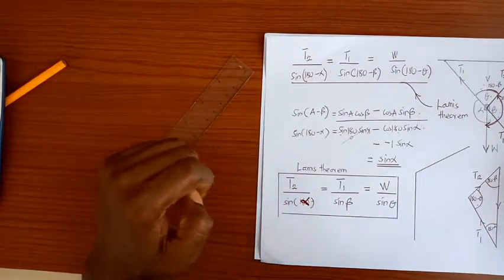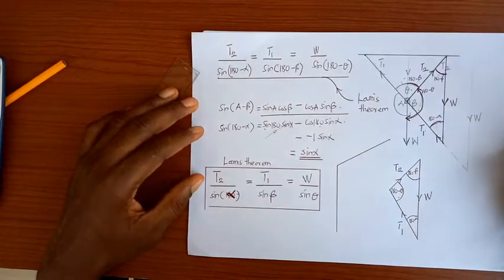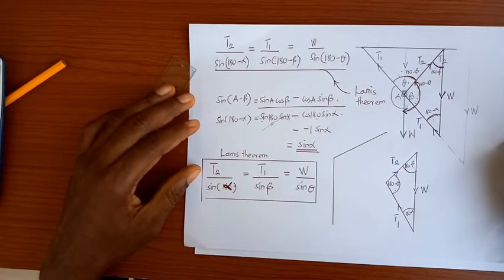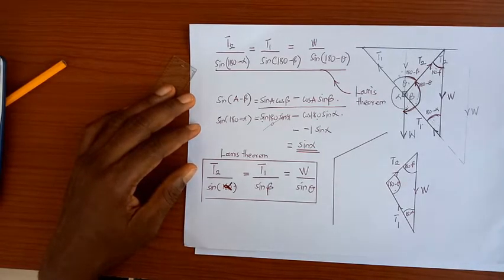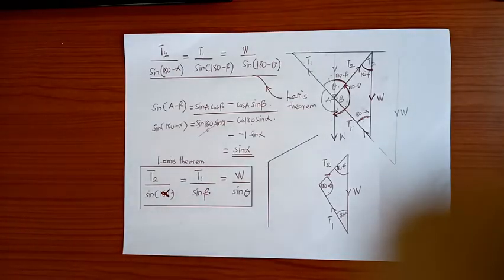So let's take a look at a question and how we can solve it using Lami's theorem. But before we look at the question, let us look at how we need to represent our formula.